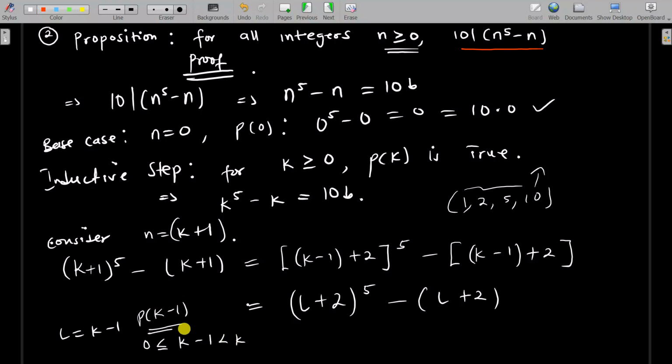That is going to be p of L, because L is equal to k minus 1. And so we should be able to write L to the power 5 minus L as 10 multiplying something, because it's less than k. P of k is true, and for any number below k, p of that number is true. So that's the argument we're going to use here.